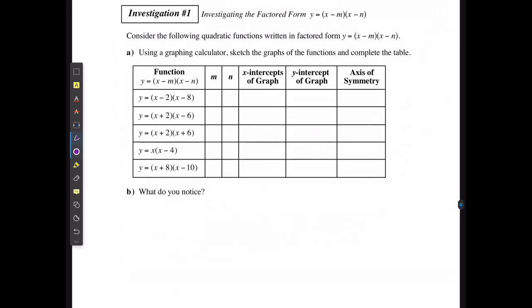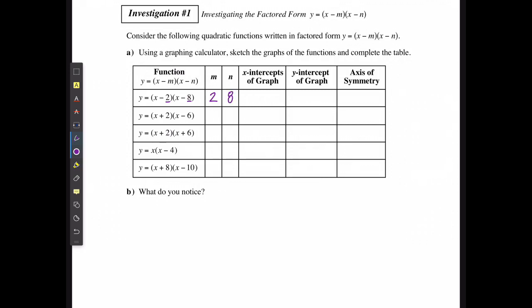So first, let's take a look at a couple of different examples of this. Remembering that if in the original form it's x minus m, x minus n, then if it was minus 2, m is just going to be what comes after the minus. If it is minus 8, n is going to become what comes after the minus.